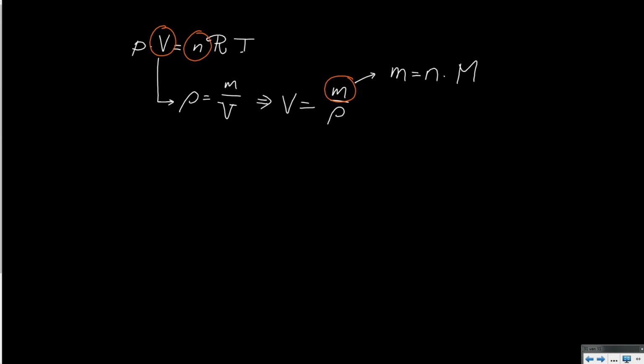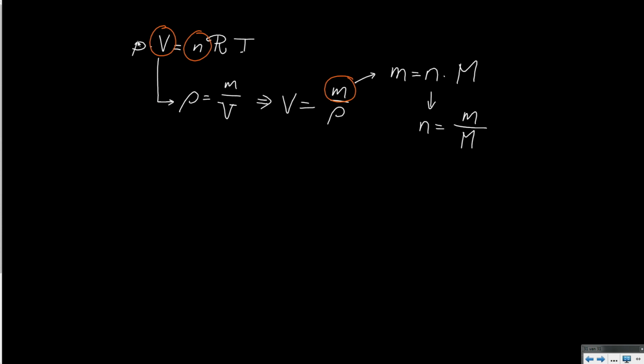The molar mass is the mass of one mole, one specific amount of molecules, the number of Avogadro, and N is the number of moles, so the total mass is this number of moles times the molar mass. And this also shows that for N we can write the mass divided by the molar mass.